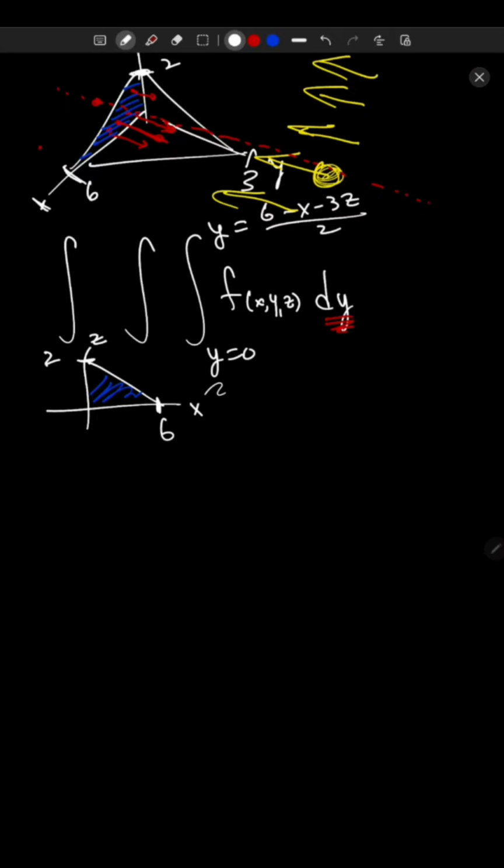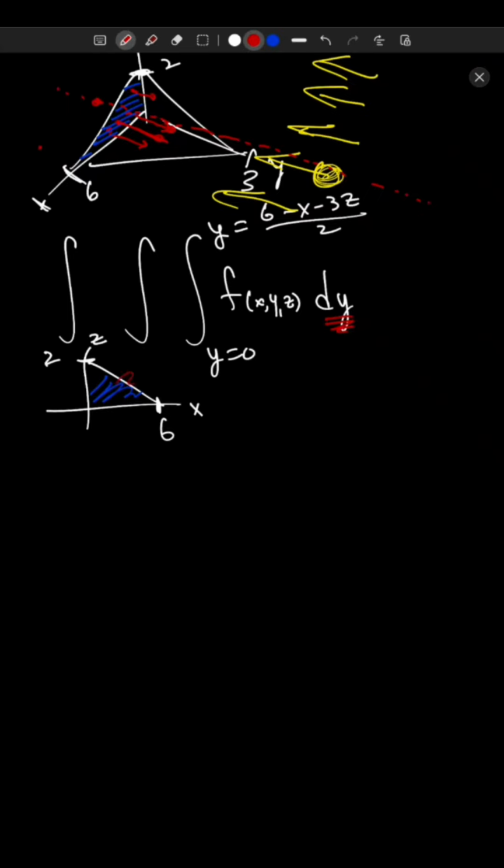So make sure you've got the variables correct here. Okay, and of course if we want to set up an integral in here, it's just a regular two variable integral.